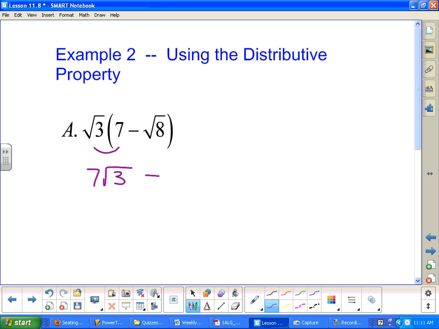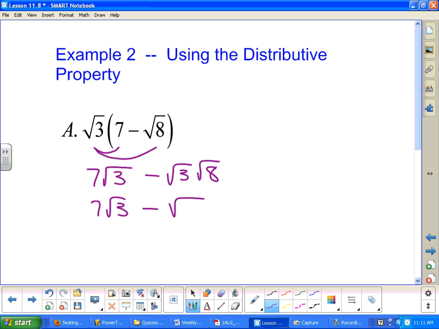And then we have two radicals we're multiplying together. So that's square root of 3 times square root of 8. I'm just writing it that way for the moment. So square root of 3 times 7, can't put those together because the 7's not under the radical. Since these are both under the radical, I can multiply them together.